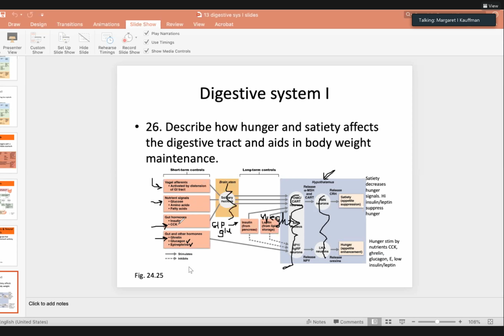So that, again, is probably part of the idea behind weight control, where you have a higher intake of protein and fat. It's not only slowing exit of stuff from your stomach and keeping your stomach feeling full longer, but possibly inducing CCK, which will then go through this pathway to make you feel satisfied.